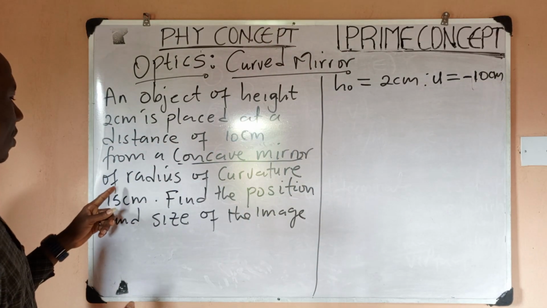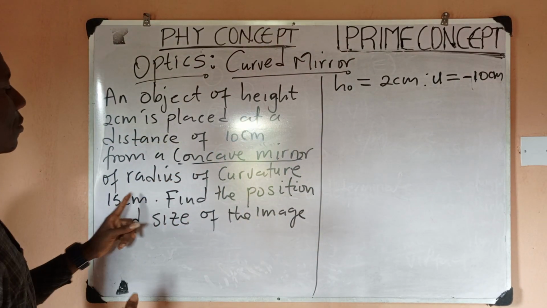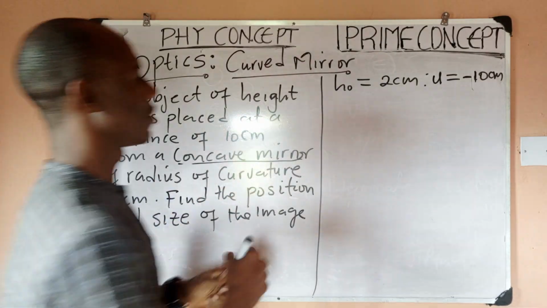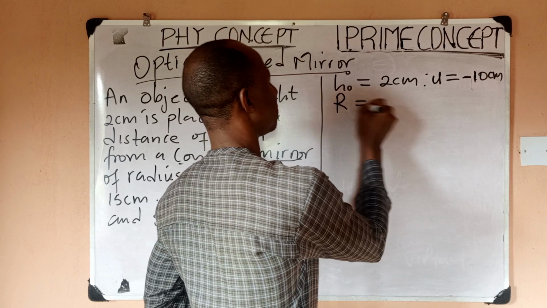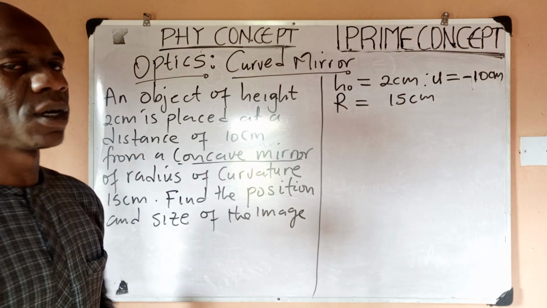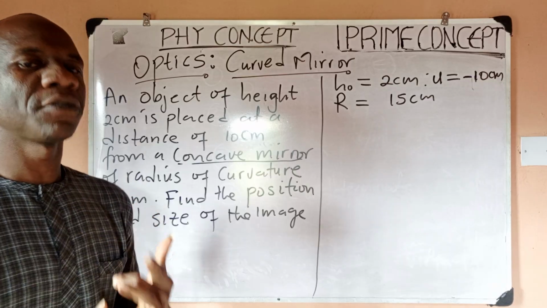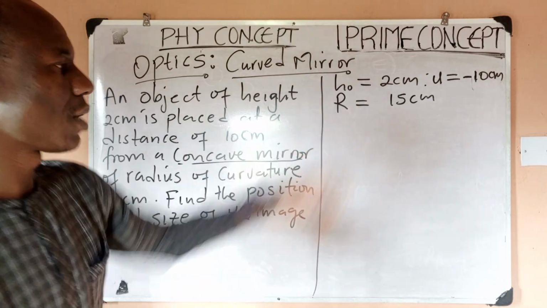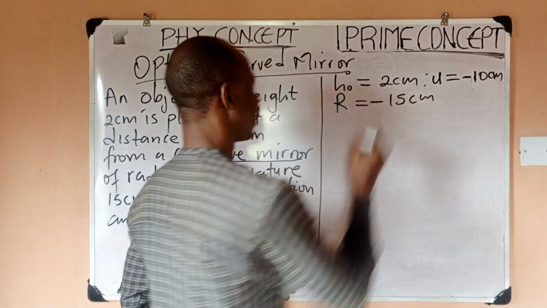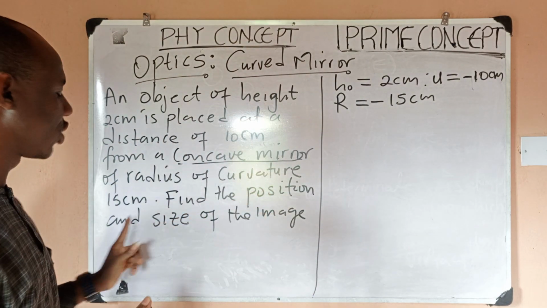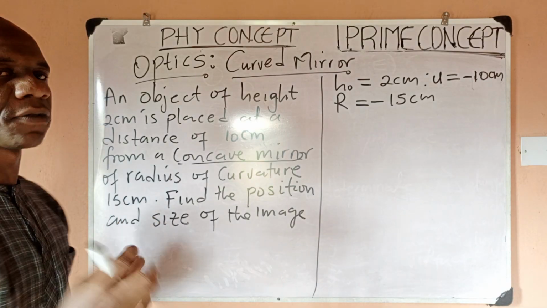Now, the concave mirror has a radius of curvature of 15 cm. So the radius of curvature R is 15 cm. Again, for our concave mirror, the radius of curvature and the focal length are always negative, so I'm going to include a negative sign here. The question says find the position and size of the image.